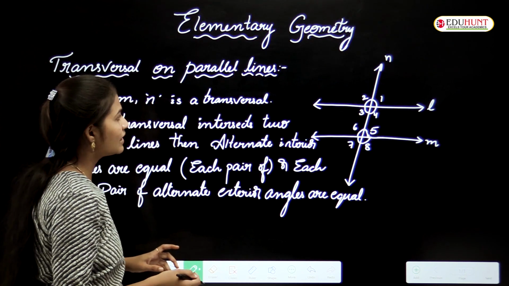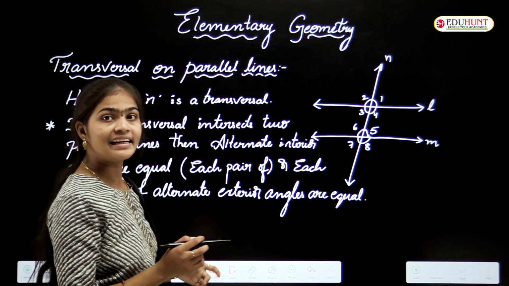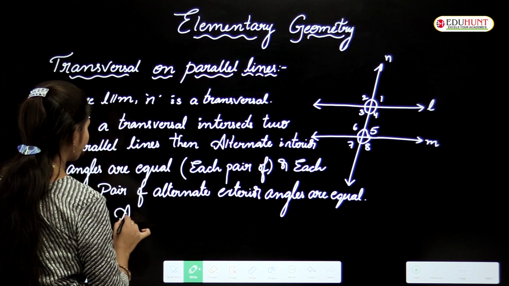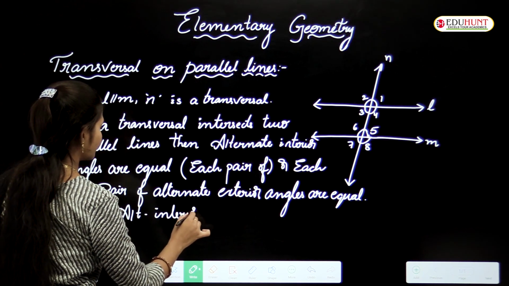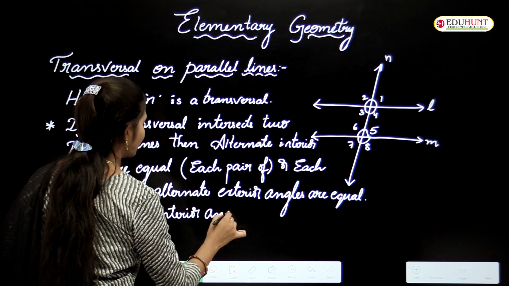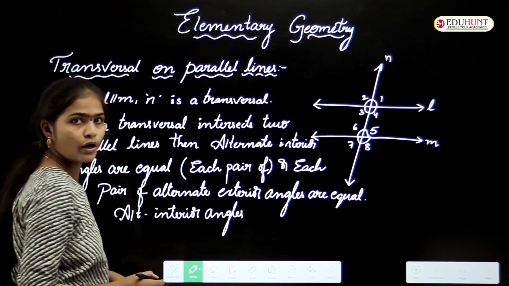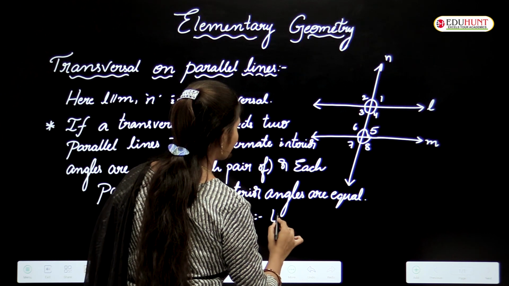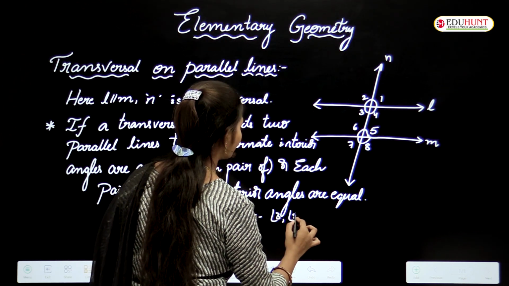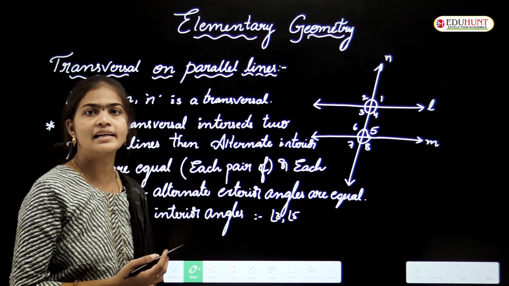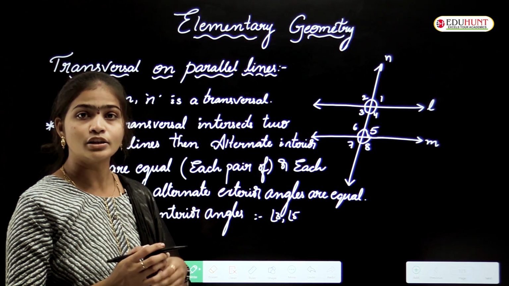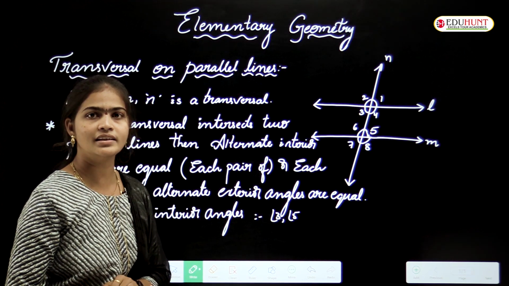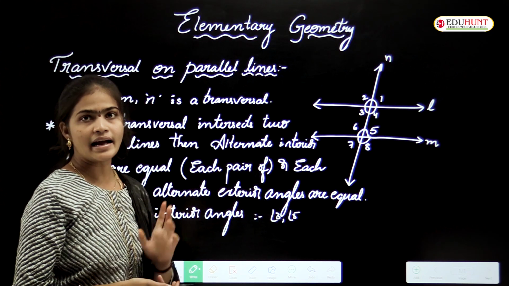Now which angles are alternate interior angles? What is the first pair here? Angle 3 and angle 5. Yes or no? Actually, what do alternate angles mean?